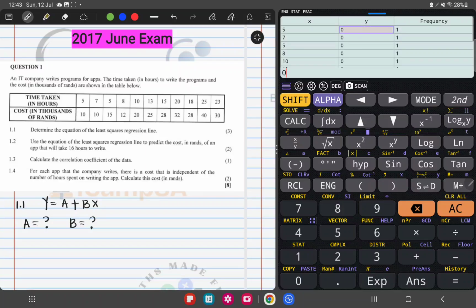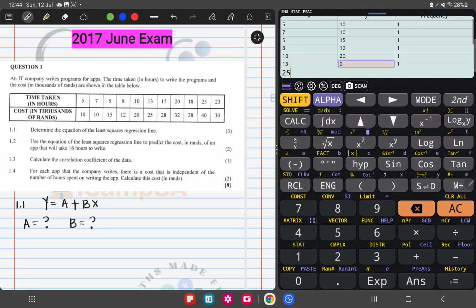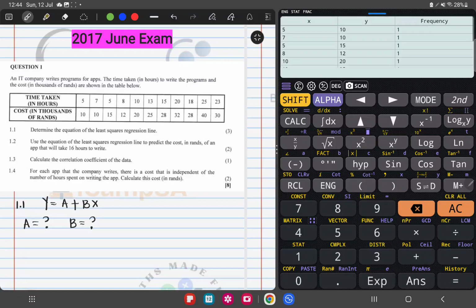Then we can go ahead and put in the cost in thousands. That is 10, 10, 15, 12, 20, 25, 28, 32, 28, 40, and 30. Let's quickly double check.